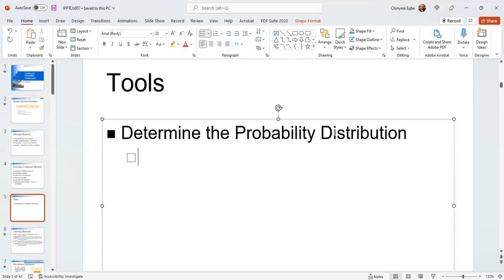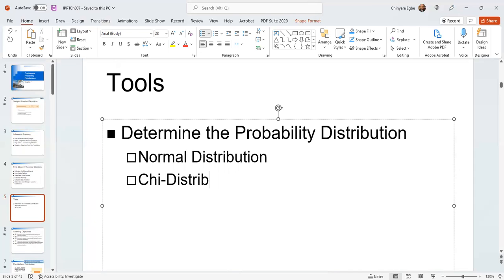For example, you can use a normal distribution. You can use a chi-square distribution. You have to determine the kind of distribution we're going to use. For this class, we're going to use normal distribution.